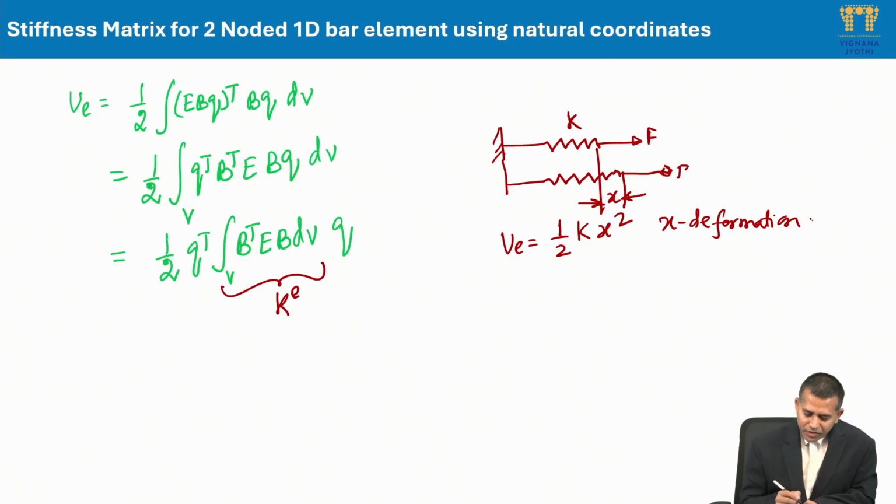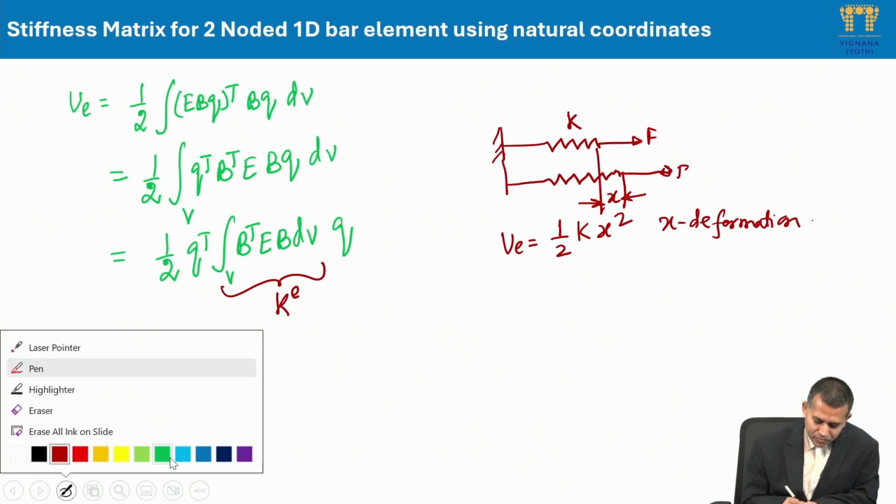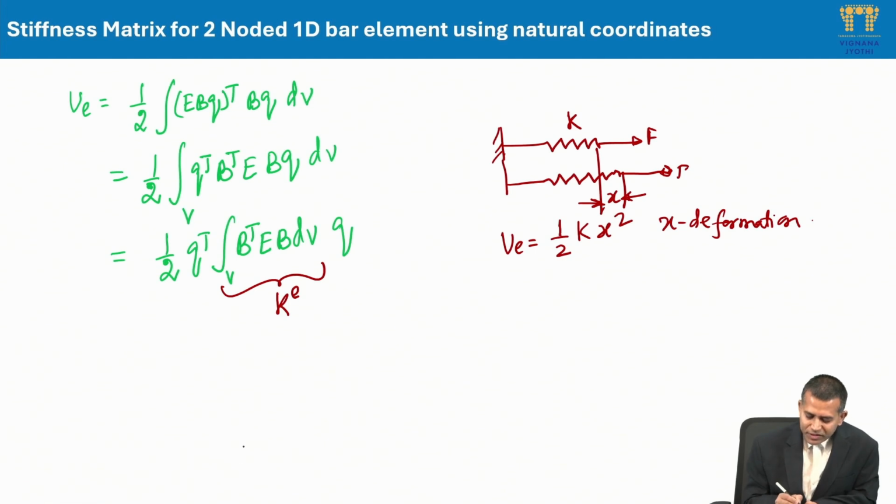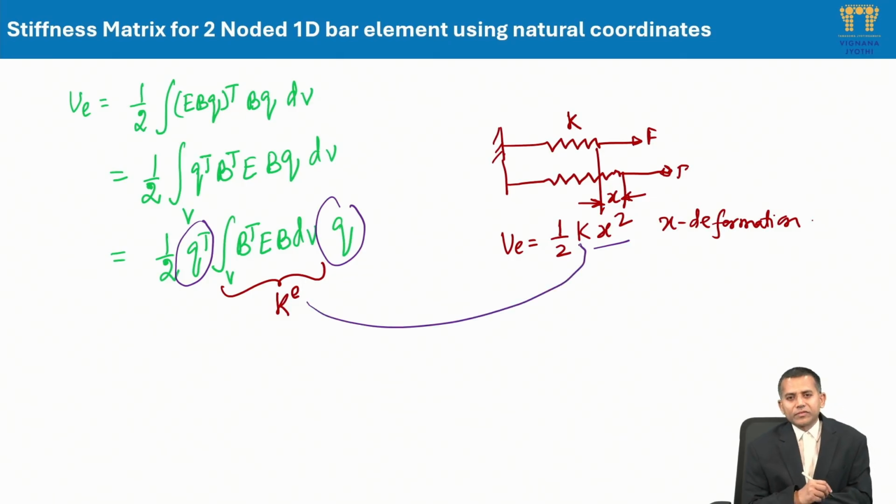Now if you correlate these two expressions, Q transpose Q is nothing but your x square. Then the rest of the term, which is common, is this Ke, that's nothing but your K, the stiffness of the spring. So here it is the stiffness of the one dimensional element which we have considered.